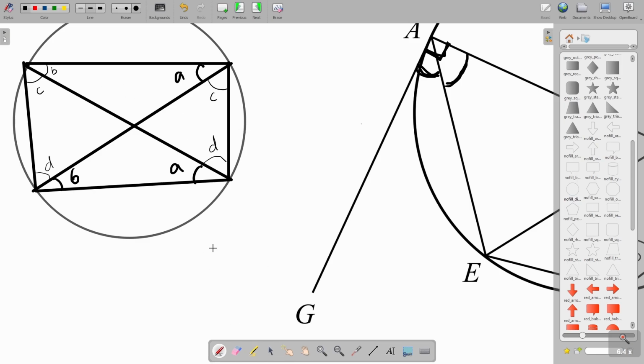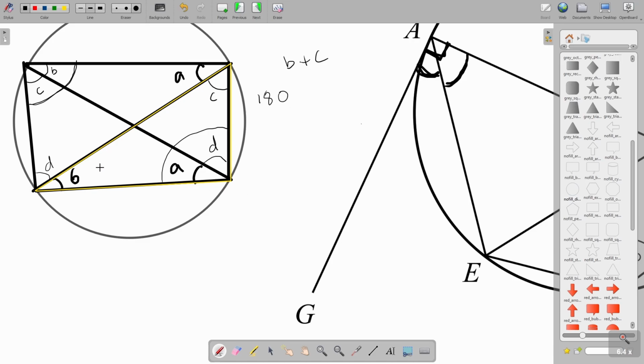Now, what we know is this angle is B plus C, right? And if we look down here, this is a triangle which has B and C as two sides, so B plus C, and then this side of the triangle is A plus D. If we wanted to find the overall angle of this triangle, the sum of interior angles of a triangle is 180.